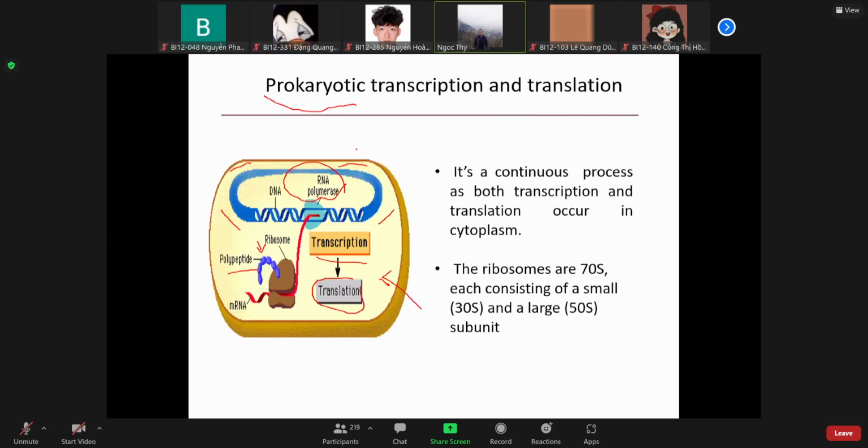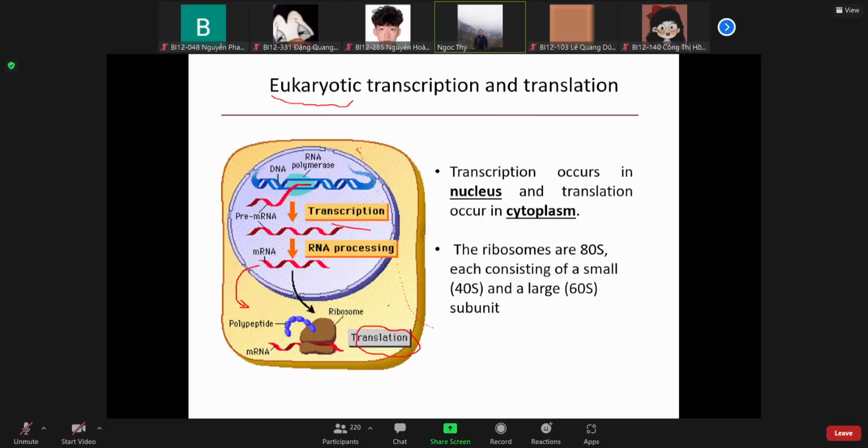The mRNA goes outside of the nuclear membrane through the nuclear pores, and then translation starts after the mRNA is in the cytoplasm. The ribosome comes, binds and starts to make the polypeptide. So this process happens discontinuously, with transcription inside the nucleus region and translation inside the cytoplasm.